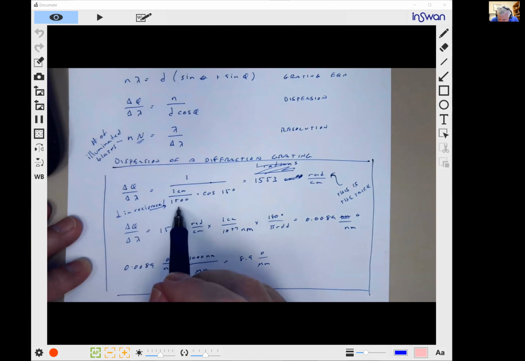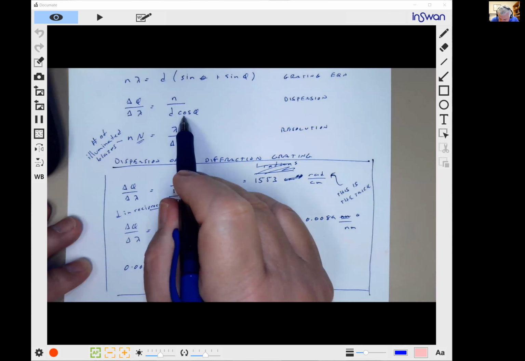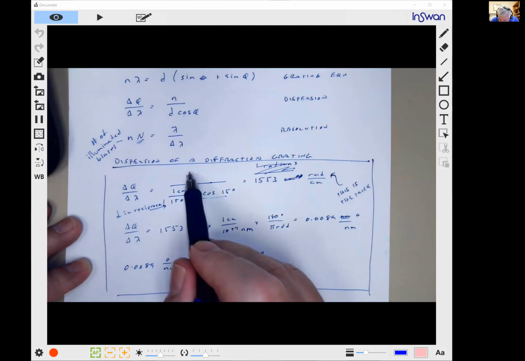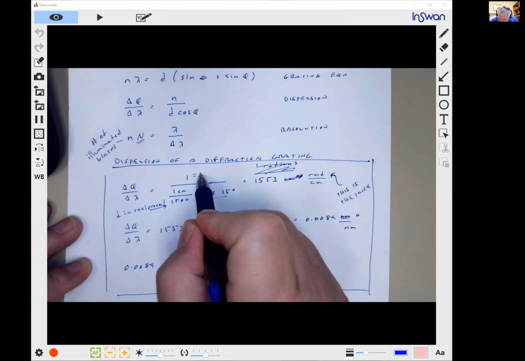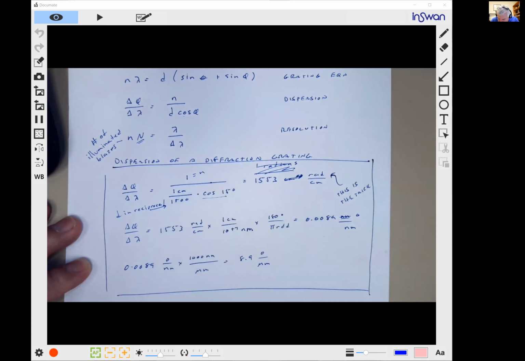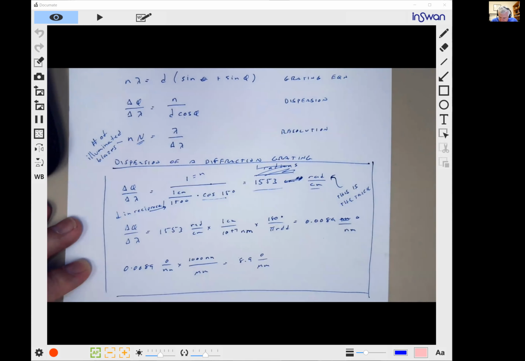And then there's the cosine of the angle, and there's the order. This gives you radians per centimeter, and one of the keys is recognizing that's radians. Then you just do unit conversions and you get to degrees per nanometer.